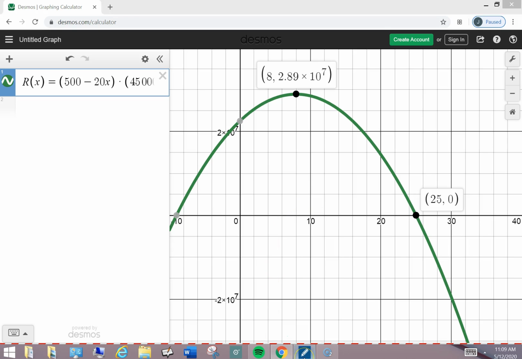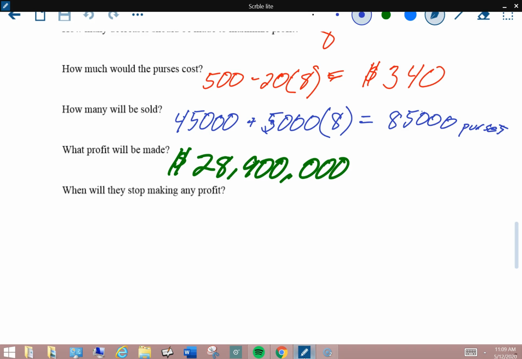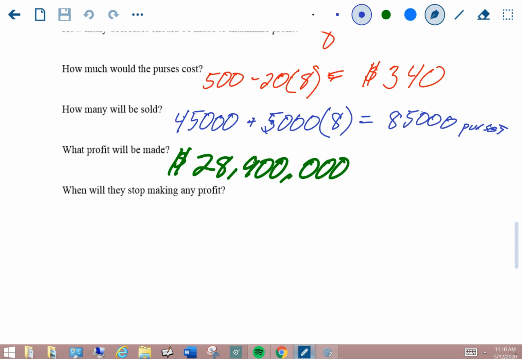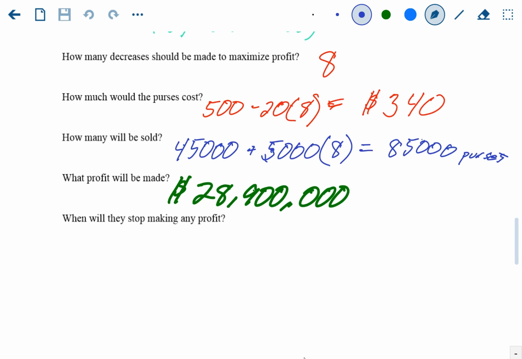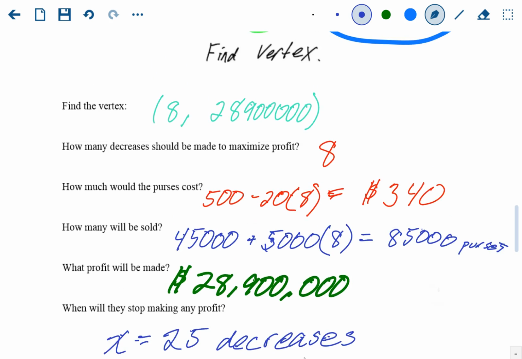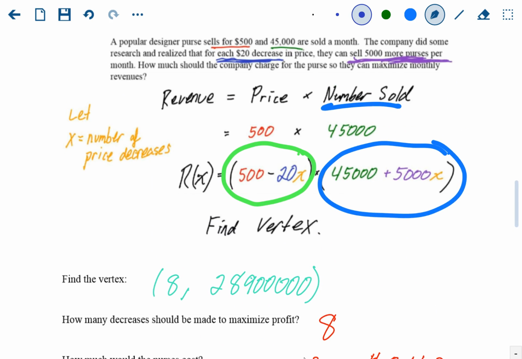Okay. Now if we go back to the equation or the problem, that should make sense. If they do 25 price decreases, okay, so we'll say when x equals 25 decreases. If they do 25 price decreases, 25 times 20, again, it's a $20 decrease. 25 times 20 is 500. Okay. Well, if you go back to the problem, the price was 500.